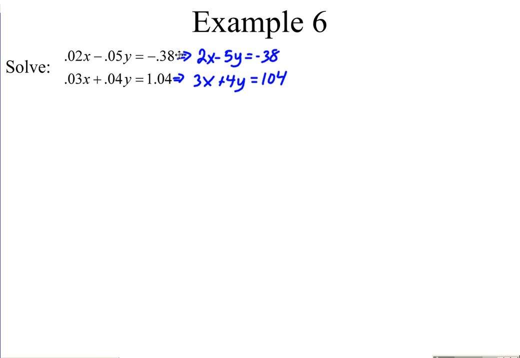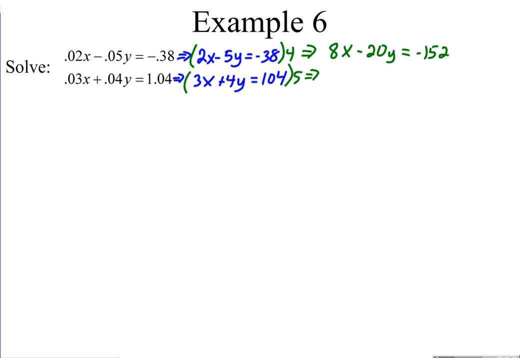Using elimination here, if we want to get rid of the y's, we're going to multiply the top equation by 4. So when I do that, I get 8x minus 20y equals negative 152. Bottom equation, I'm going to multiply by 5.